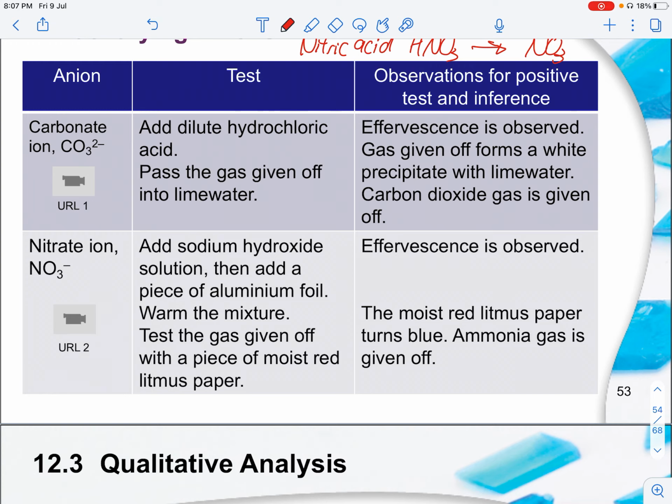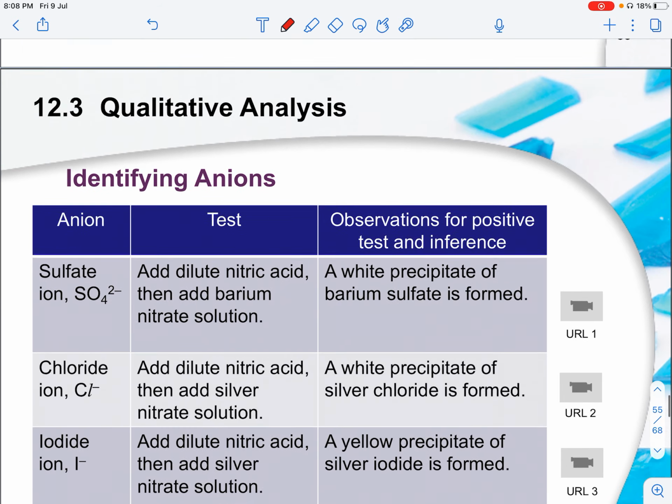When you warm it, a gas will be released. The gas released is ammonia, and you can test it with a piece of moist red litmus paper. Your moist red litmus paper will turn blue, further confirming that it's a nitrate anion.